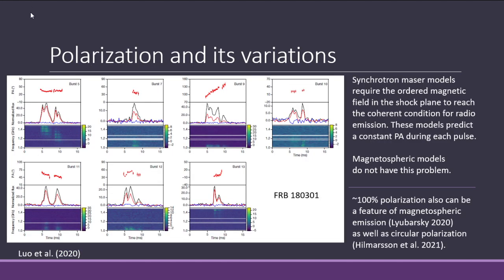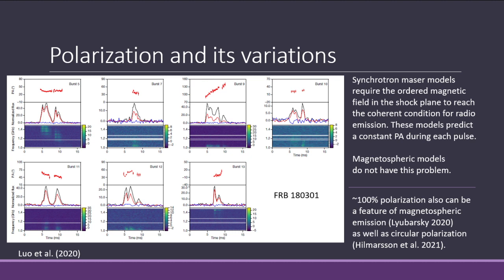What are arguments in favor of one or another scenario, relativistic shocks or magnetospheres? There is a very interesting piece of information from the FAST radio telescope, the largest radio telescope on Earth. They measured polarization of radio emission of a repeating source. And they showed that in the case of one source, the polarization properties are rapidly changing from burst to burst.